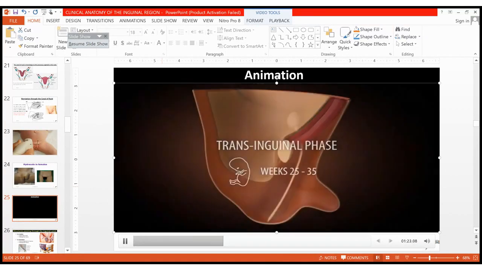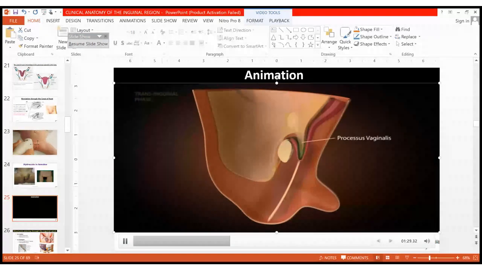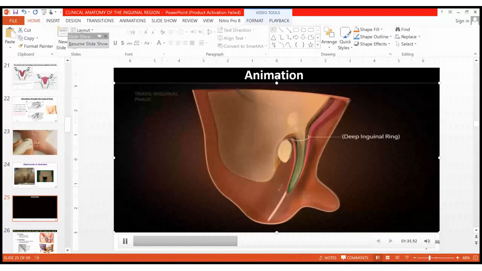of development. A finger-like evagination of peritoneum, called the processus vaginalis, pushes its way through the tissues of the developing abdominal wall. This evagination follows the course of the gubernaculum and acquires sleeve-like coverings of tissue corresponding to the various layers of the developing abdominal wall.